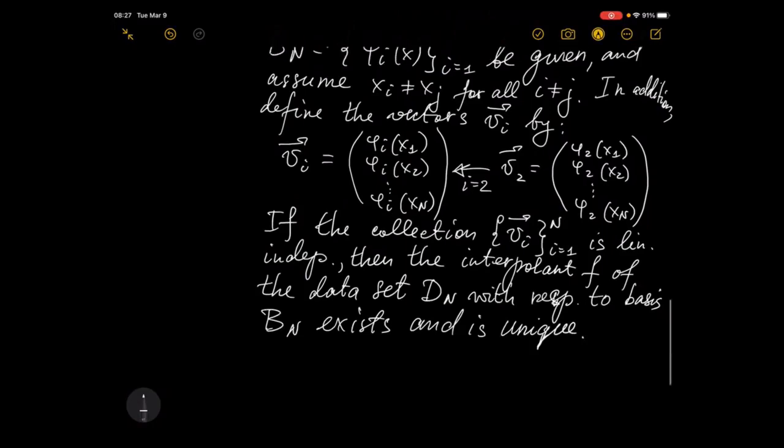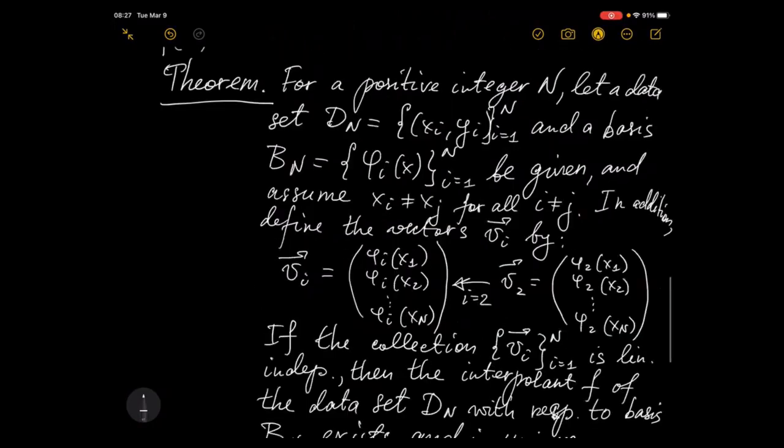Okay, so it essentially tells us that it's enough to have functions which are, let us say, continuous and, what is more important, linearly independent.